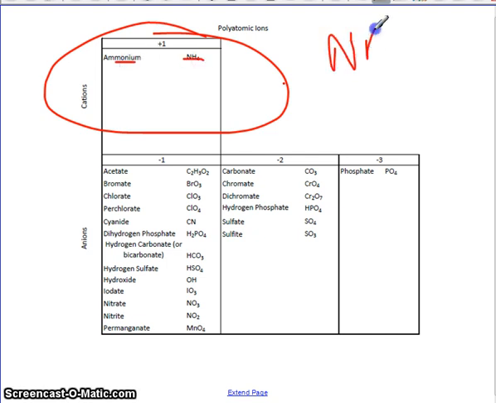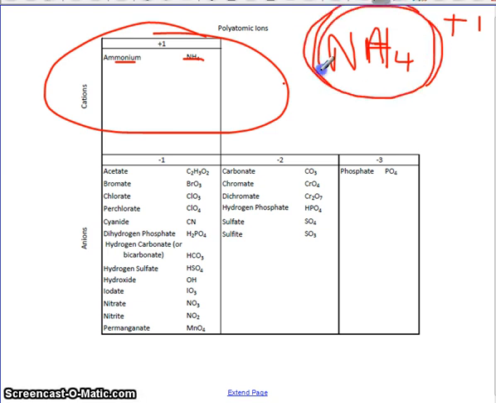What that means is NH4 altogether has a charge of +1. Sorry, that's an H, not an A. So when ammonium reacts, it reacts as NH4. But if you notice, we have far more anions, so that's really what we focus on.